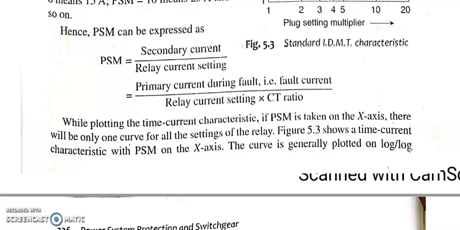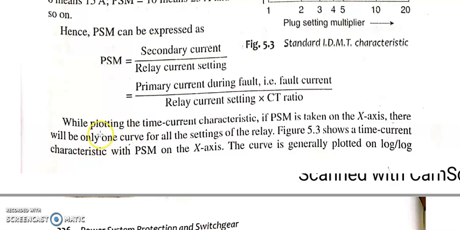You can decide the fault current and set the plug setting. So you can easily calculate the plug setting multiplier as fault current divided by the relay current setting into current transformer ratio. The current transformer ratio will be given, and depending upon the fault current you are going to set the plug setting multiplier.